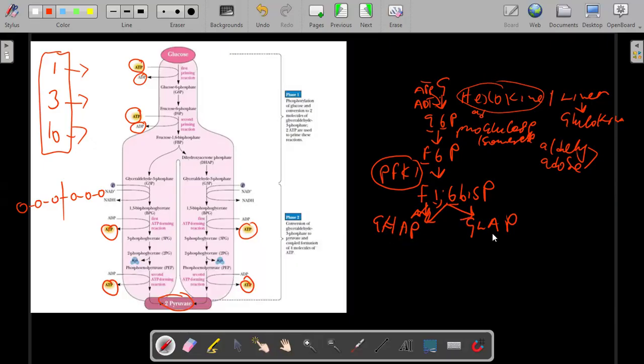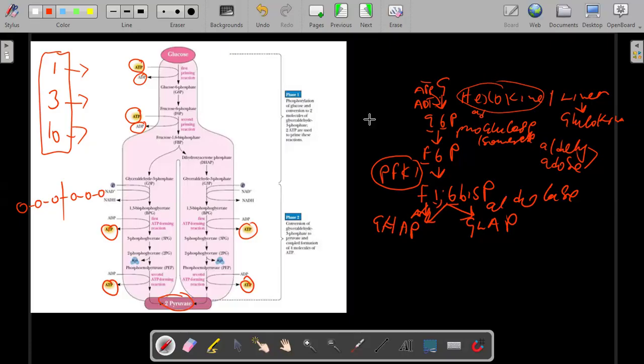So that's the 4th step. The enzyme working there is an aldolase enzyme. It's just cutting the molecule into two.